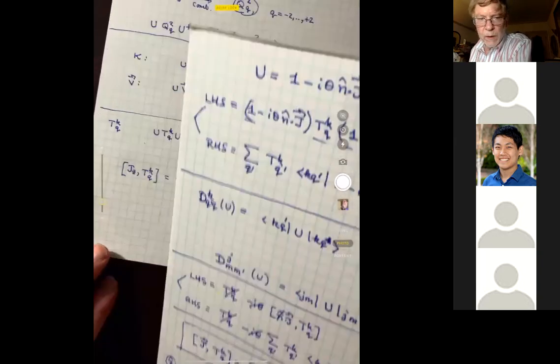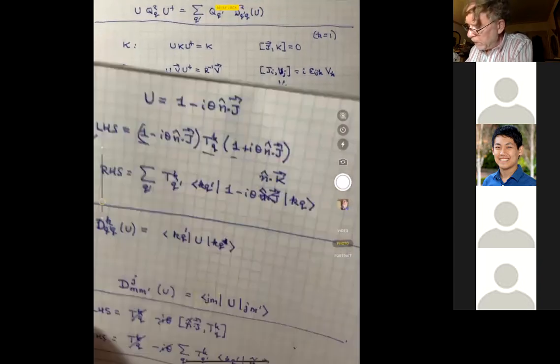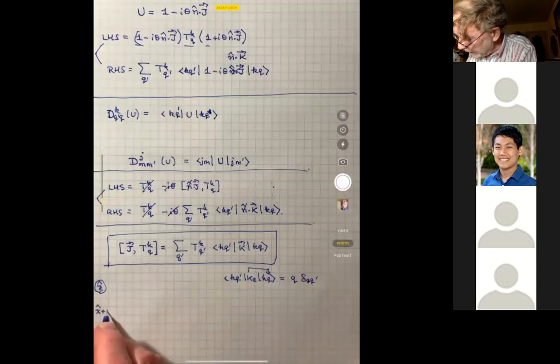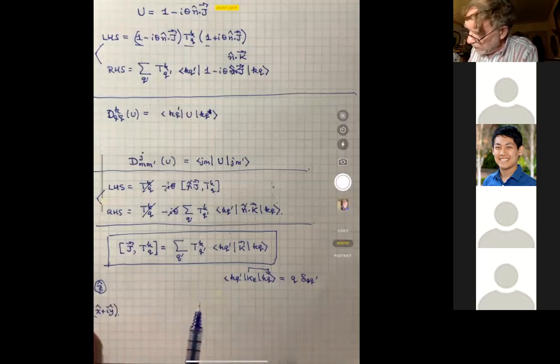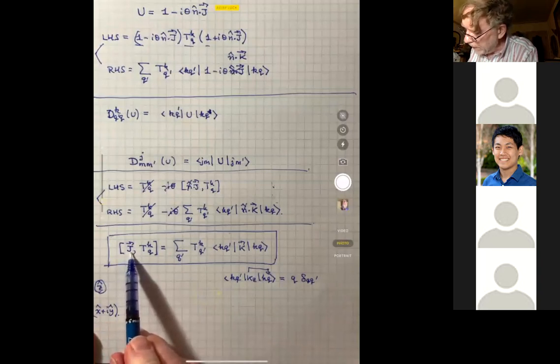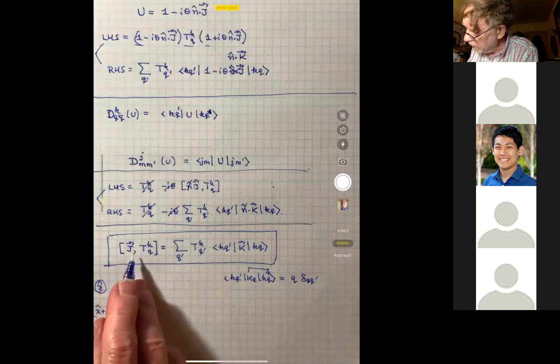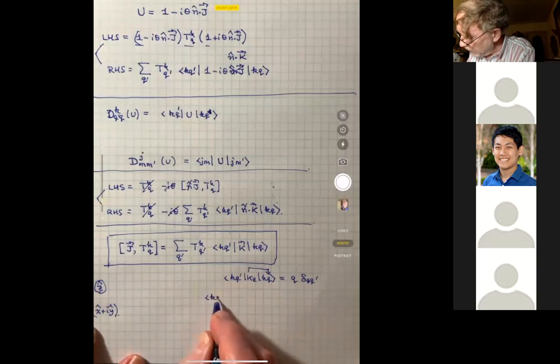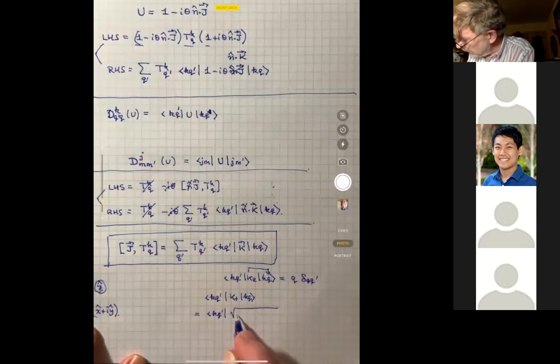All right. Let me do another one. If we take this box formula down here, instead of dotting by z hat, let's dot by x hat plus i y hat on both sides. That J vector is going to turn into a raising operator J plus. We're going to commutator J plus with TKQ. Over here, we're going to get a K plus. Well, KQ prime, K plus, KQ is equal to KQ prime times the famous square root of K minus Q, K plus Q plus 1 times K, comma Q plus 1.